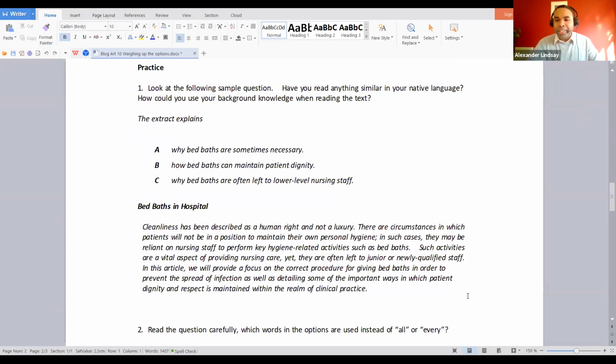Okay, so we're a bit divided on this, aren't we? Is the question you're asking yourself, why was this extract written? Or are you asking yourself more, what is a detail that I can find in this text which will allow me to choose options A, B, or C? Okay, so we're almost 50-50 on this. It can be a tricky one.